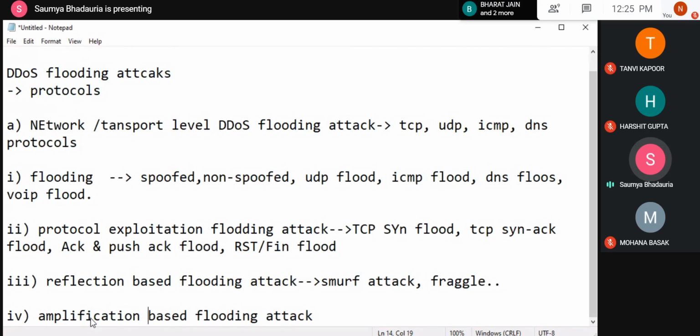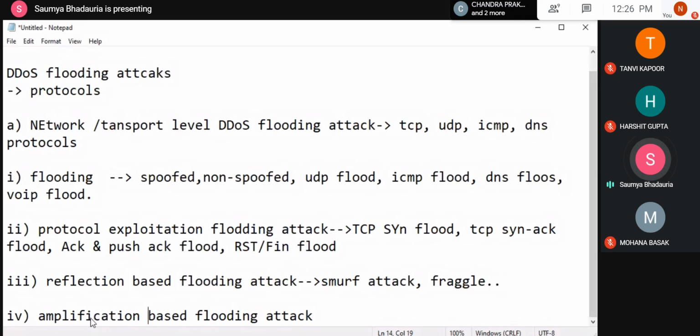There would be multiple copies of a particular message sent, or multiple clients who would receive that particular message. That is where you can have an amplification-based flooding attack. Now, in the case of a normal network or transport level DDoS attack, we classify all of these attacks on the basis of these four categories which we have considered.